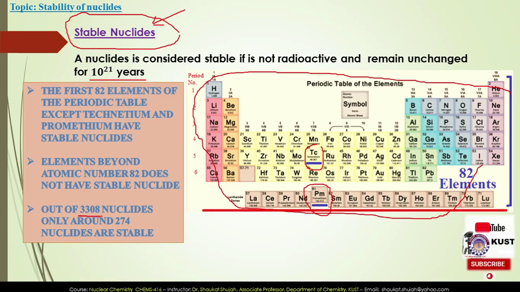Out of the 3308 nuclides, only 274 nuclides are stable.